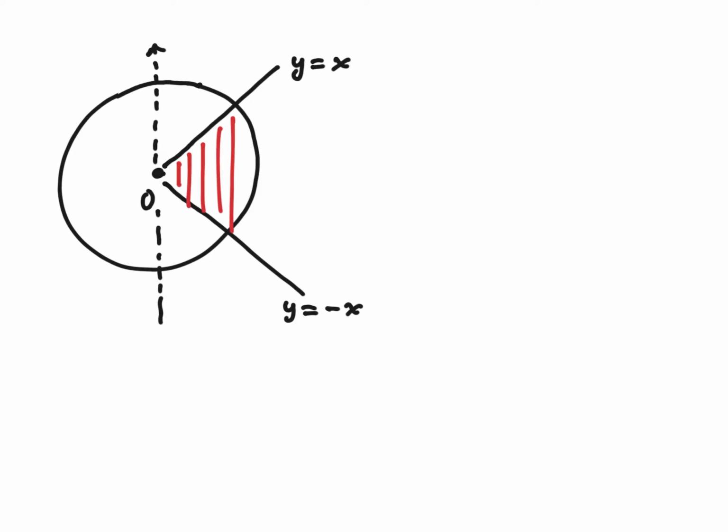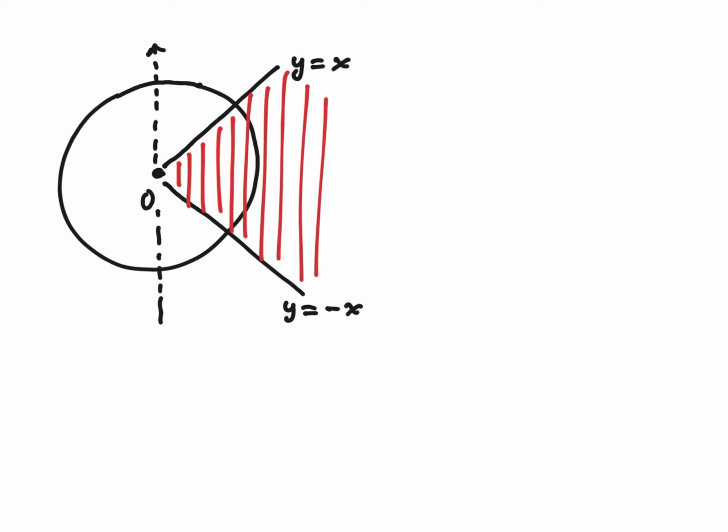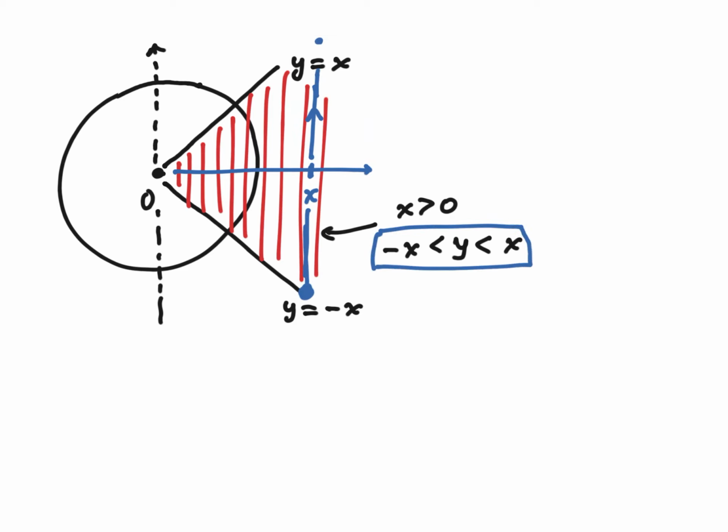In other words, if I look in this quadrant, strictly between those two lines, we can describe that region by saying that x is positive and that y is strictly between negative x and x. Right, so you just pick a positive x value, any positive x value, and then you go along that vertical line from y equals minus x to y equals plus x. So y stretches between those two limits.